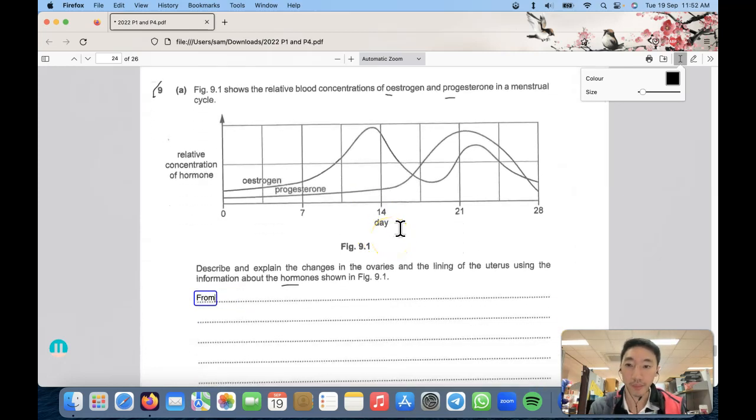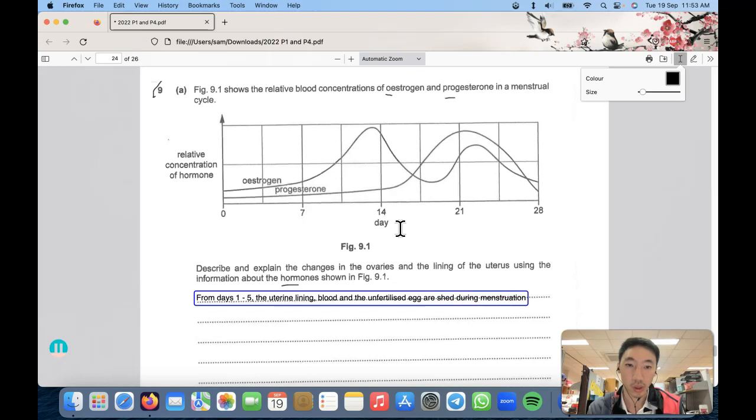From days 1 to 5, the uterine lining, blood, and the unfertilized egg are shed during menstruation.